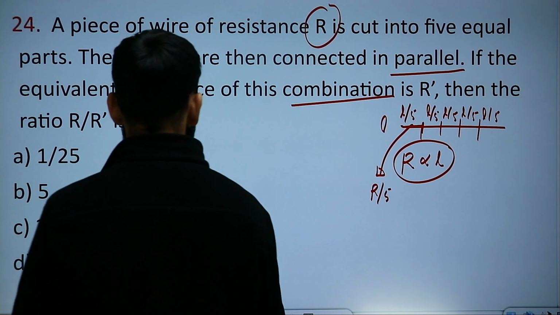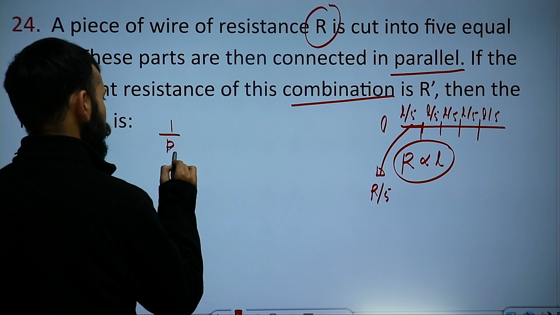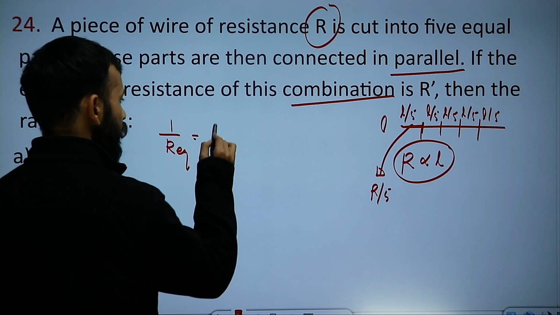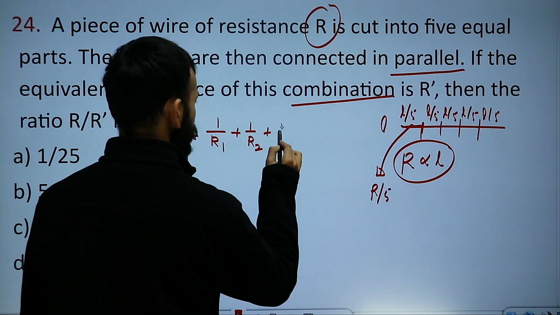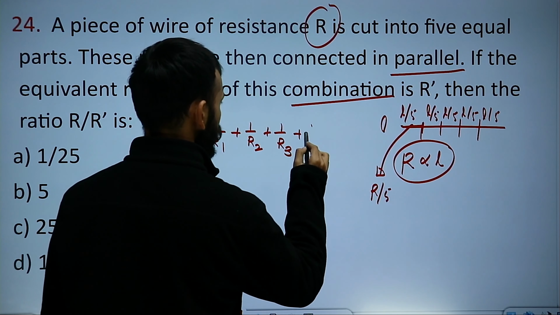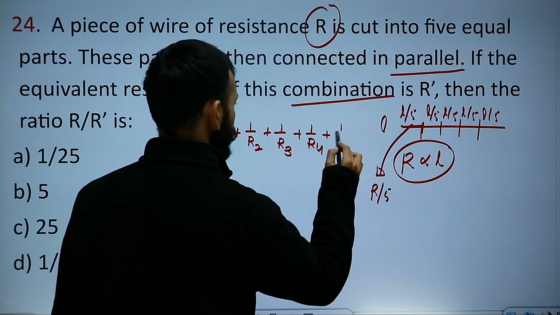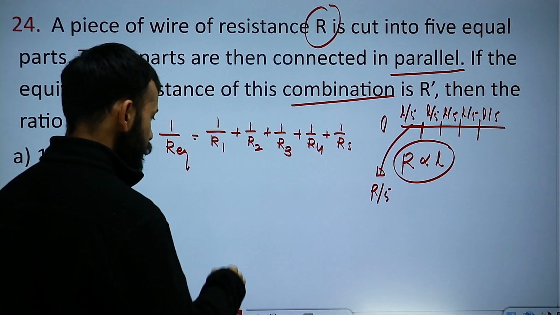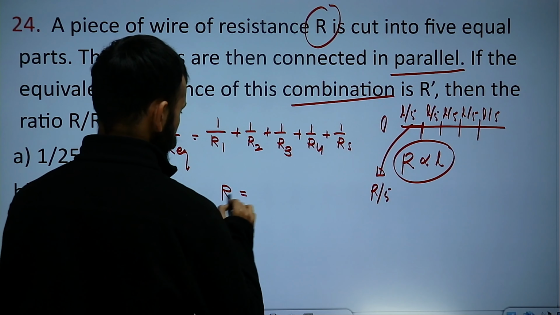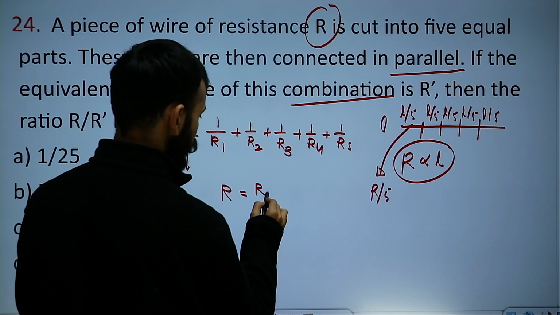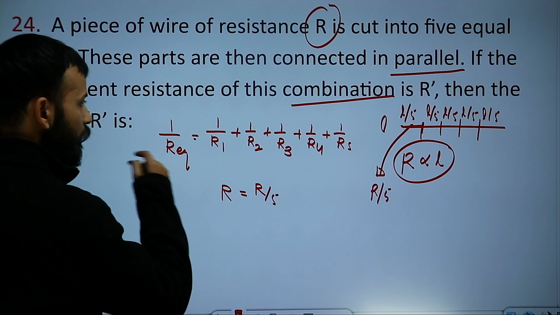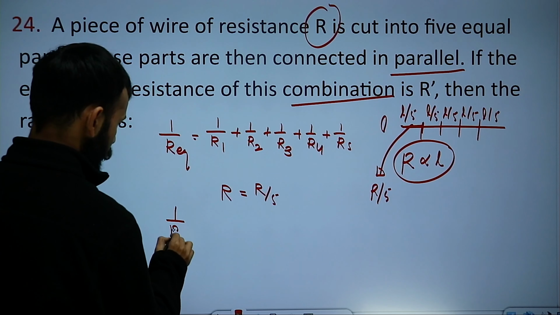We know that in parallel, the equivalent resistance can be written as 1 upon R1 plus 1 upon R2 plus 1 upon R3, R4 and 1 upon R5. Since each piece has a resistance of R by 5, I put all the values in this equation.